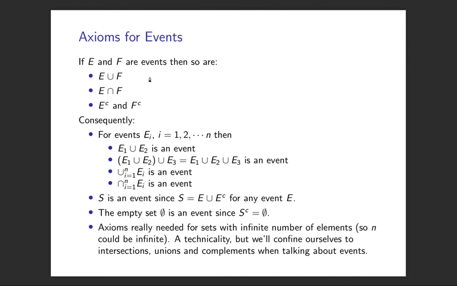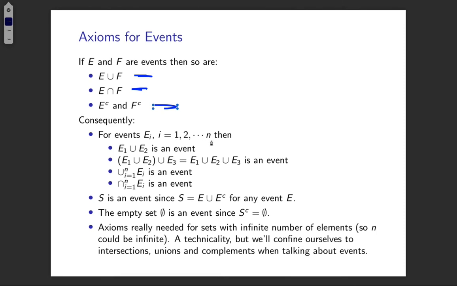So events, we're going to only construct events by using unions, intersections or complements, by combining those three operations and not any other way. That means if we have two events, E1 and E2, or a bunch of events, E1 through to En, where that i takes values 1, 2, up to n.